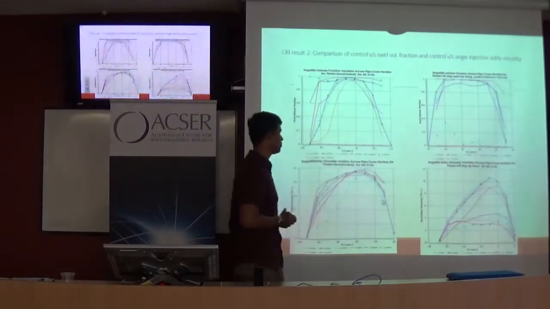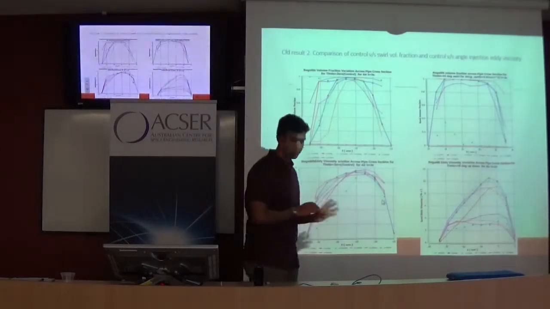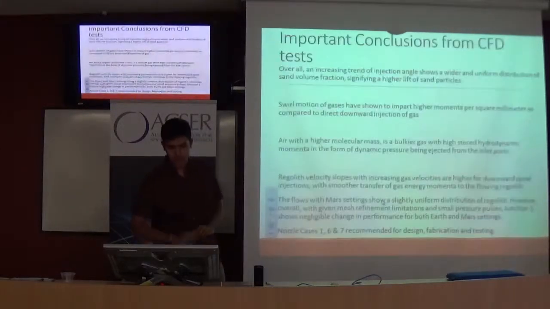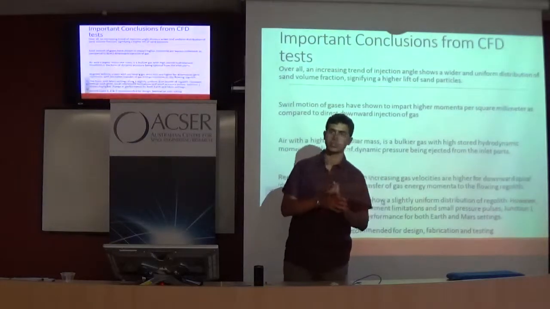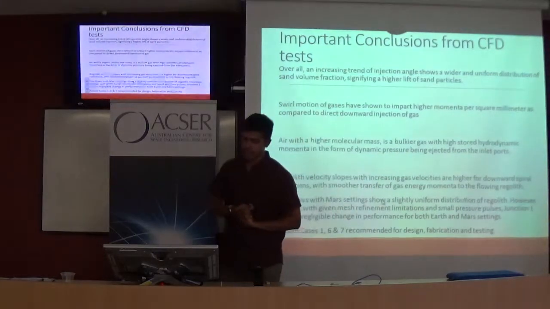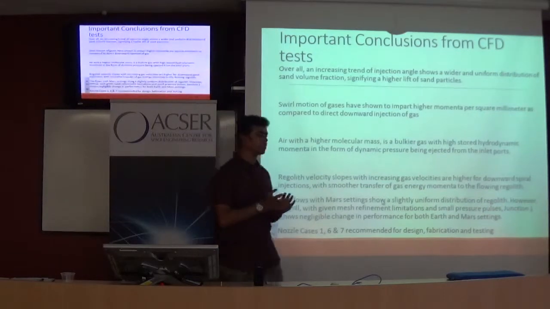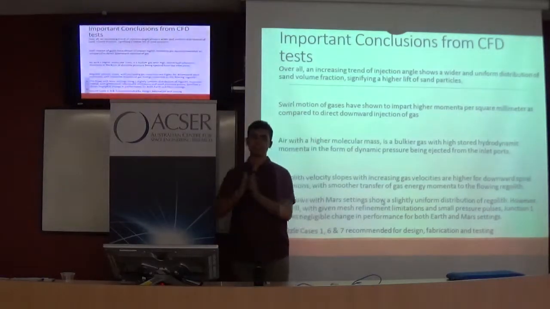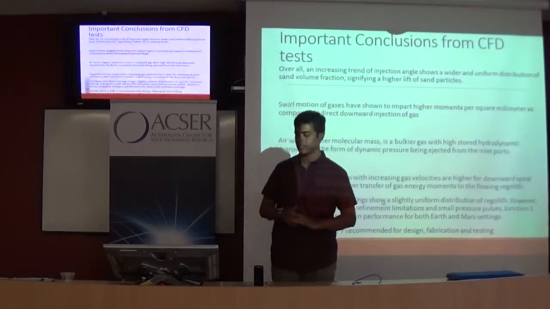That's what we're seeing from lower eddy viscosity values for regolith as compared to the non-controlled case. So this gave a certain set of observations from the modeling, and eventually that led me to select 3 particular designs, on the basis of the performance of these nozzles, to do experimental tests.